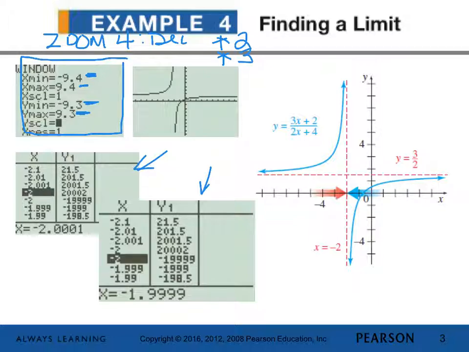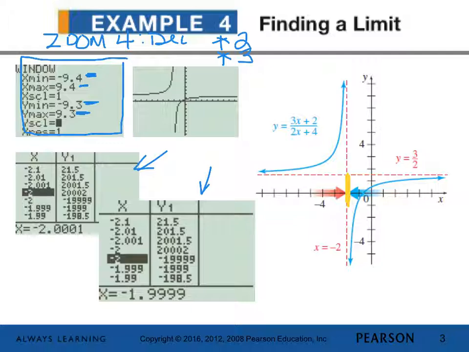So what that gave me was a window that was approximately the same as the standard window, which goes negative 10 to 10 in both directions. But I wanted to actually be able to see the discontinuity. And when I do this, you will see that we do, in fact, have a discontinuity, which we knew about because x is not allowed to be negative 2.